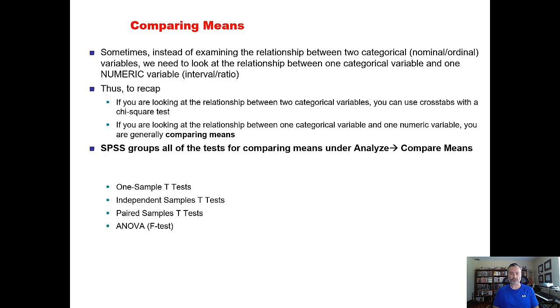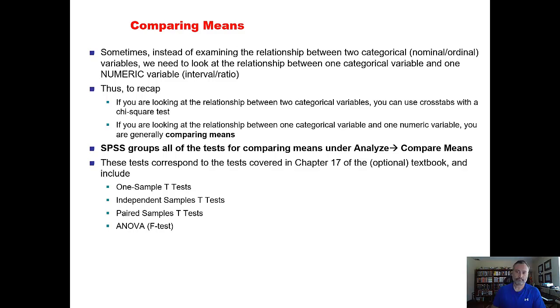When you have your research question, what kinds of variables are you asking about? Because it is the level of measurement of the variables that you are examining that determines what the appropriate test is. And so if you do identify your two variables as one numeric and one categorical, and you're looking at the effect of the categorical variable on the numeric variable, that's when you're going to do this stuff. So we'll start with the one sample t-test.